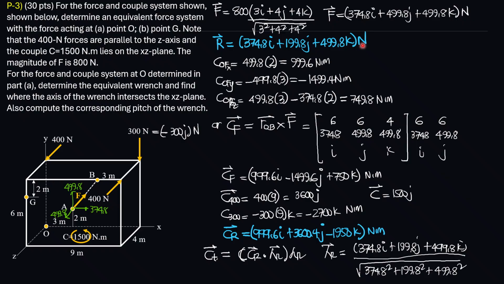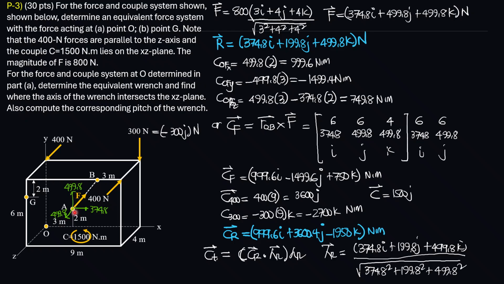For the resultant couple due to the force, take note that A is on the XY plane. It's best that the components of force are placed at A, so that 374.8 lies on the XY plane, including 499.8.